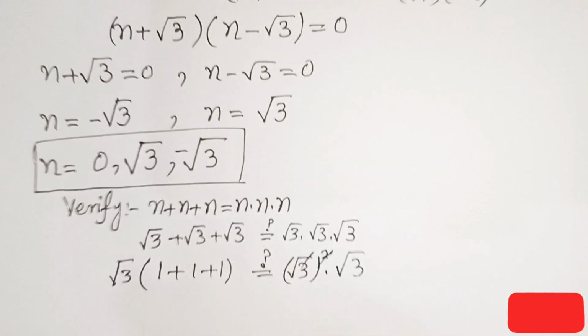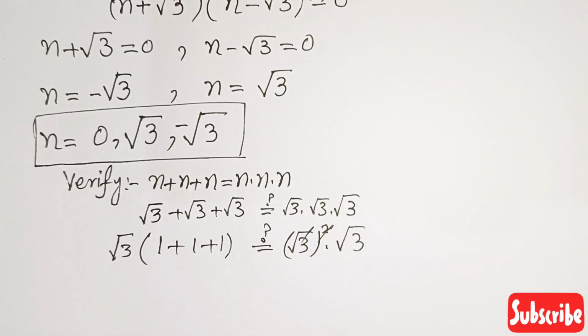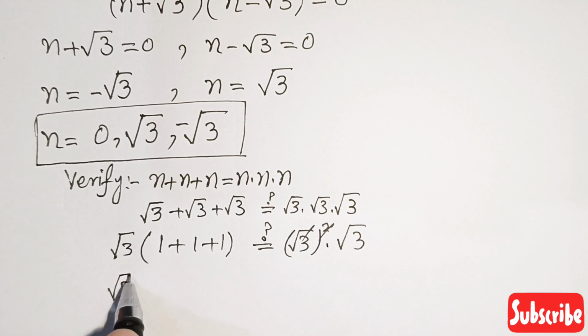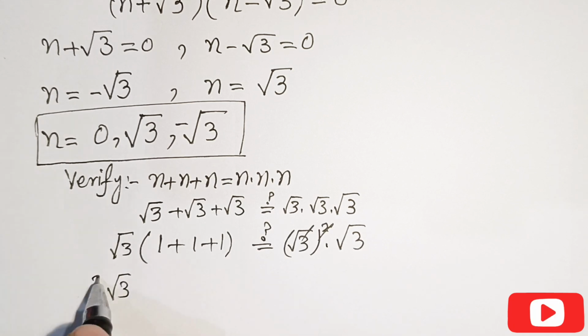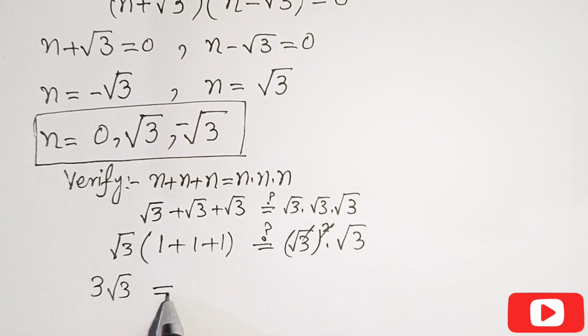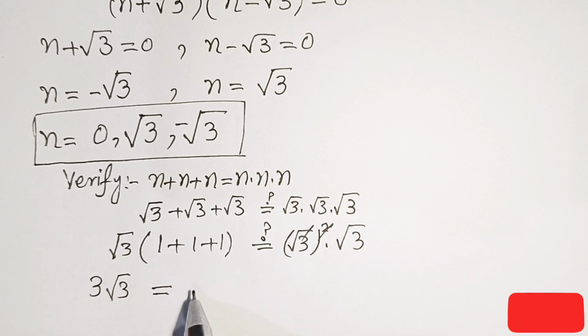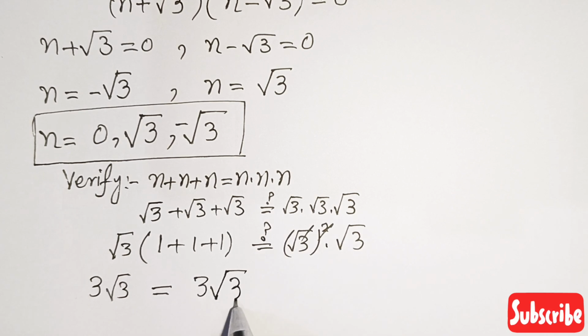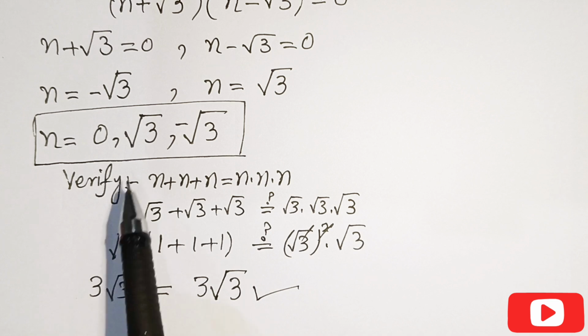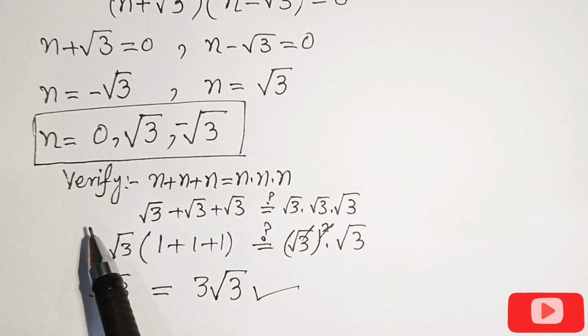The square cancels out with the square root, so we have square root of 3. 1 plus 1 plus 1 is 3, so 3 times square root of 3 is equal to 3 times square root of 3. Yes, left hand side is equal to right hand side, hence this value is valid for this problem.